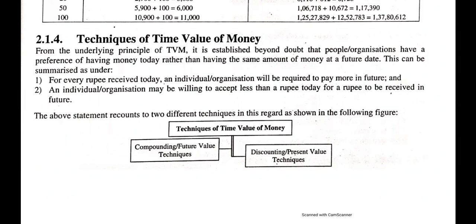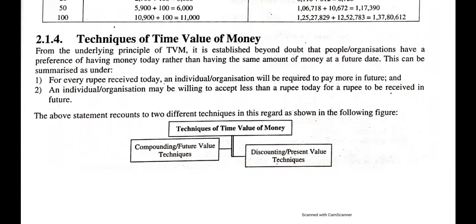This can be summarized as follows: for every rupee received today, an individual or organization will be required to pay more in future. Or an individual or organization may be willing to accept less than a rupee today for a rupee to be received in future.